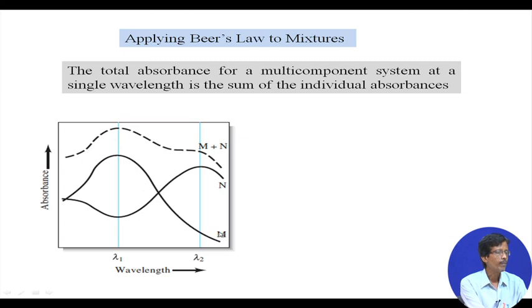If M is your potassium dichromate and N is your potassium permanganate, it is very easy to apply, because we should know the individual absorbances, applying the typical Beer's law formula for the individual concentrations of M and N in separate solutions, which can be applied to the final mixtures where both species are present, that means both M and N have been added up.